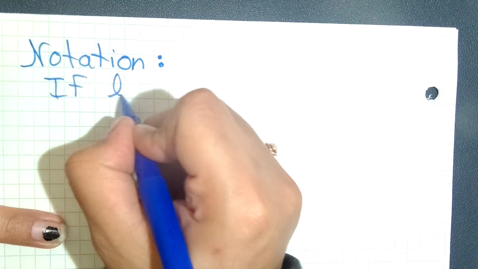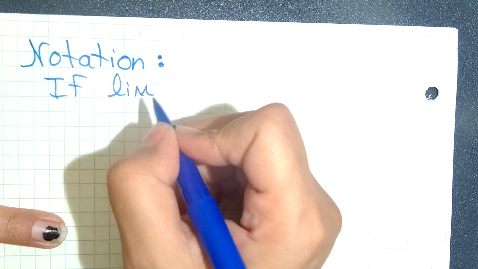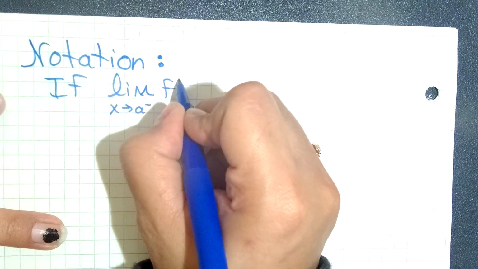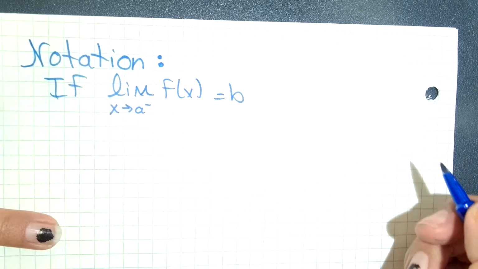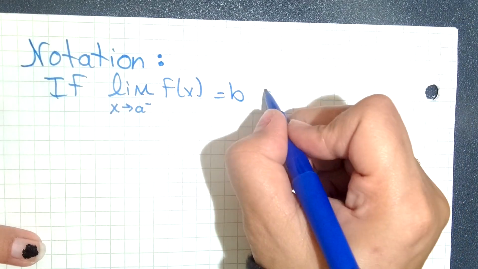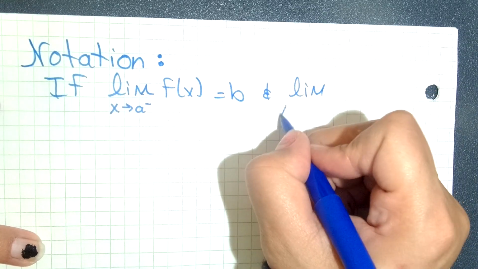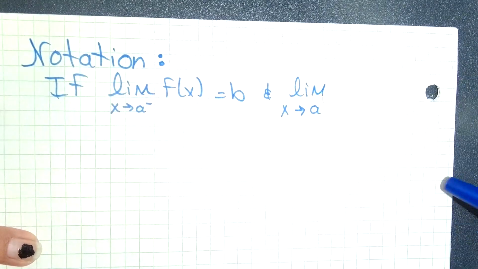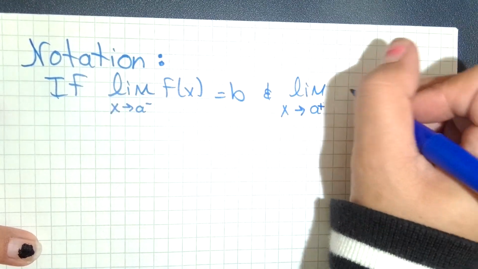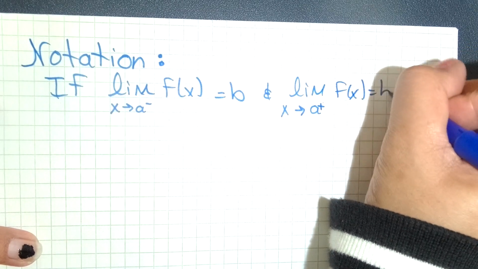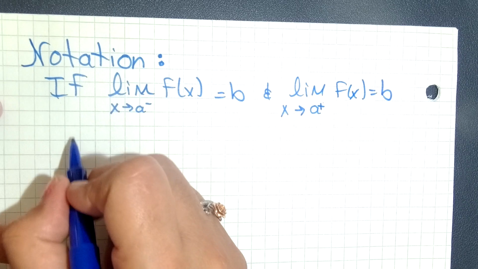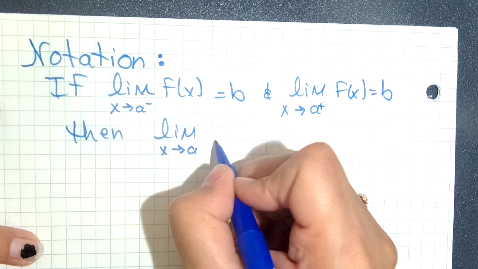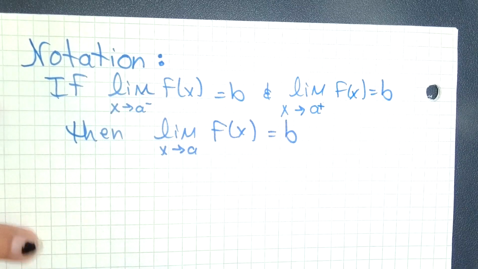So if the limit as x approaches a from the left of f of x is equal to b, and the limit as x approaches a from the right, oops, not times, plus, of f of x is equal to b, then the limit as x approaches a of f of x is equal to b.